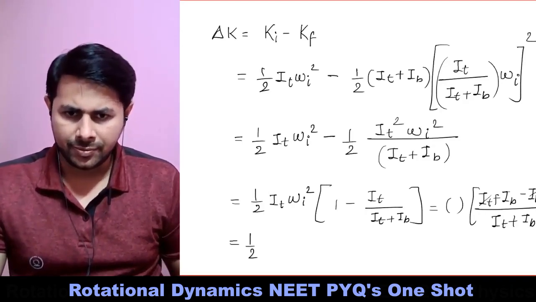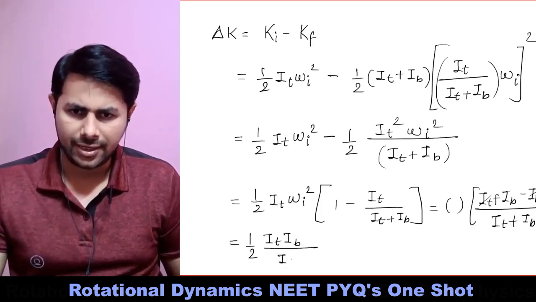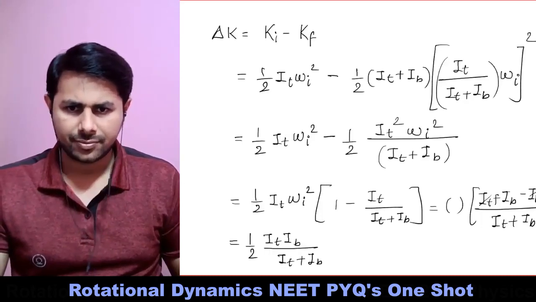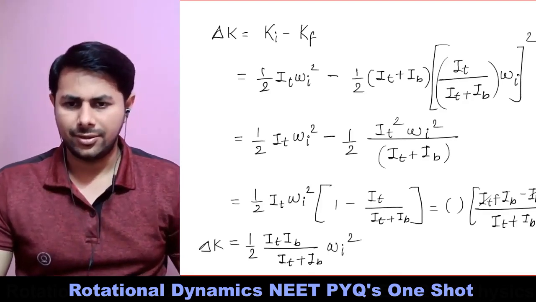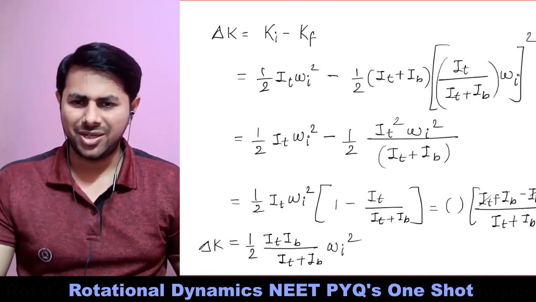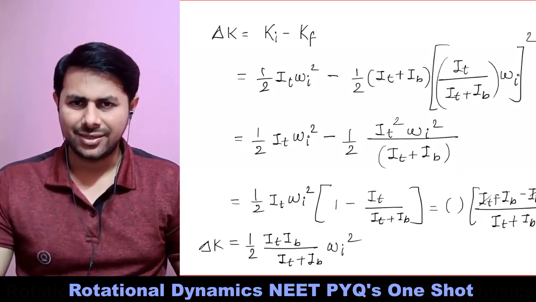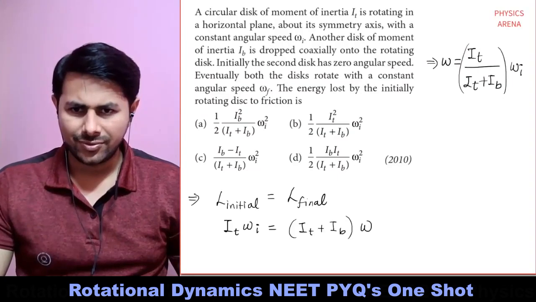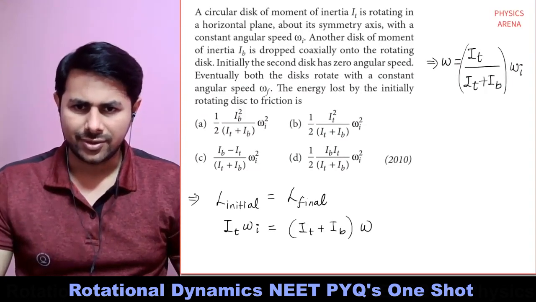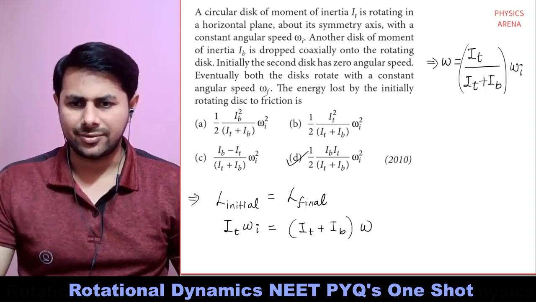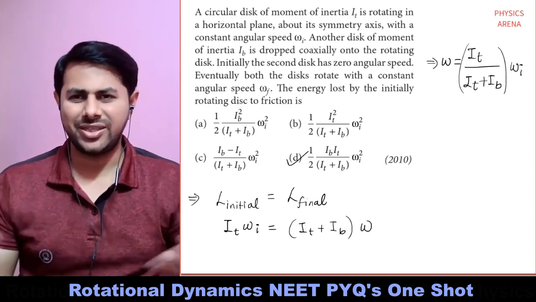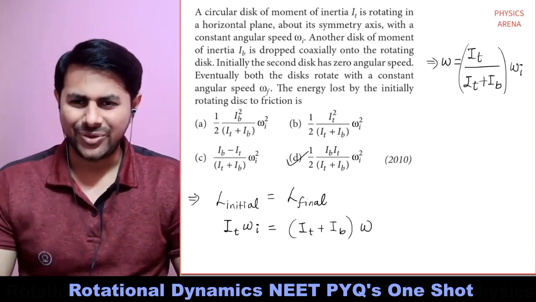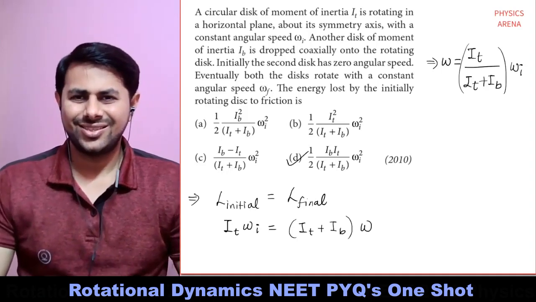So we get I_t times I_b upon I_t plus I_b, multiplied by omega_i squared. This is the loss in kinetic energy. Nothing difficult, right? Option D is the answer. We have a recipe and we are following the recipe. That's it.